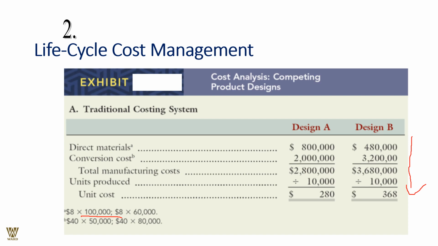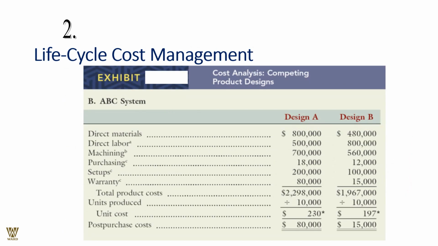In design A, we have been linking it with the conversion cost, whereas in design B the conversion cost is much higher. That figures out to be on a differential level. Now this is what needs to be ascertained. We need to decide on what methodology we go with.